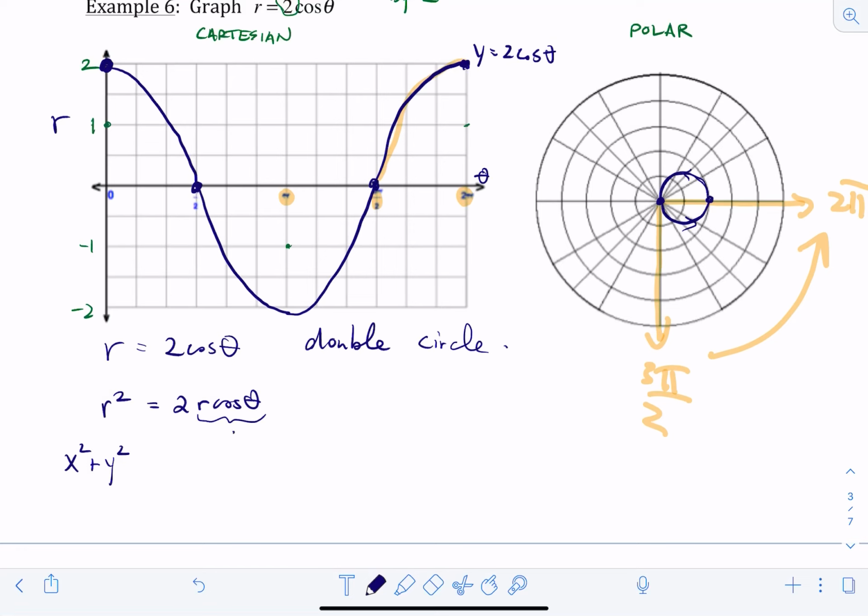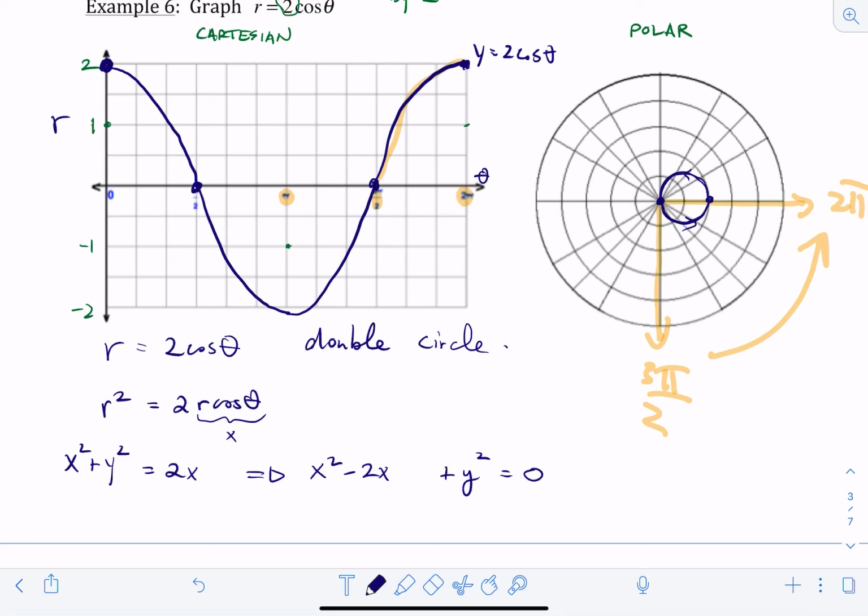We know that this guy is x. So this is equal to 2x, right? So what does this give us? This gives us x squared minus 2x plus y squared is equal to 0, right?